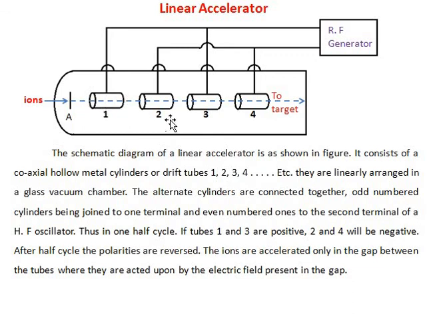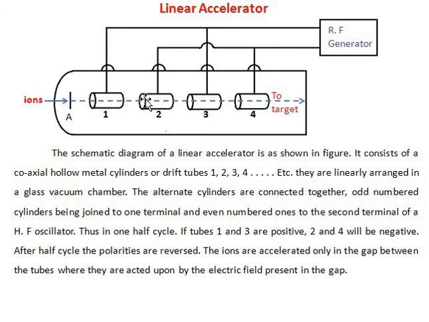Then alternately, when the first coaxial cylinder was negative, at that time 2 is positive. But as soon as the ion exits from this first drift tube, it becomes positive and the next tube becomes negative. So in between these two tubes, the first tube is positive, which pushes the positive ion, and the second tube is negative, which drags the ion. In between these two cylinders the ion is accelerated.